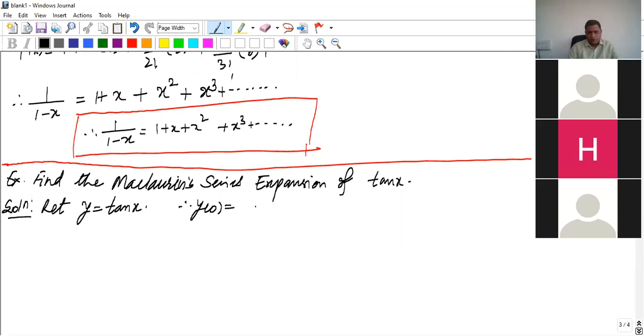Tan 0 is going to be 0. So this value is going to be 0. Now, what will be y dash? Sec square x. Right? So can we write this as 1 plus tan square x?